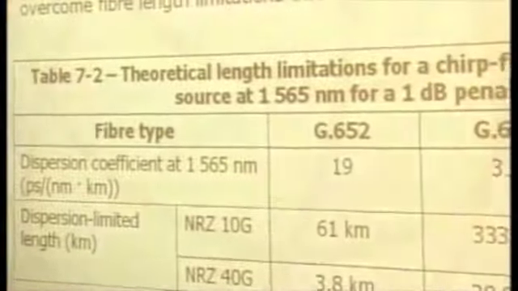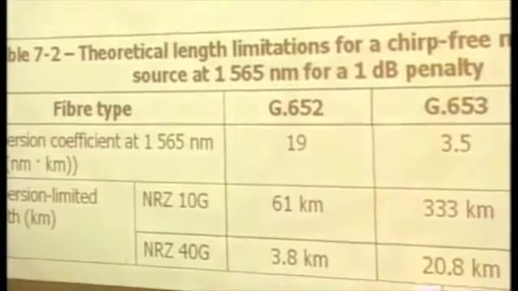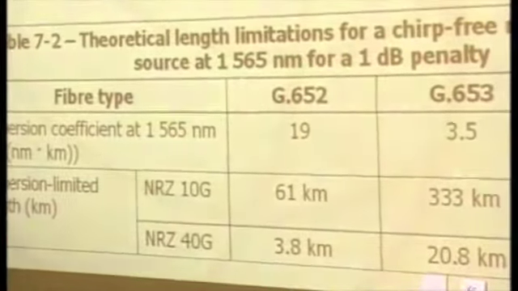So NRZ 10G systems with ITU-T G.653 fiber for I, S, L and V applications, or with G.655 fiber for I, S and L applications, are usually not limited by chromatic dispersion. As you can see, G.652 fiber has a large dispersion coefficient, but G.653 or G.655 fiber has a smaller dispersion coefficient in this wavelength region.